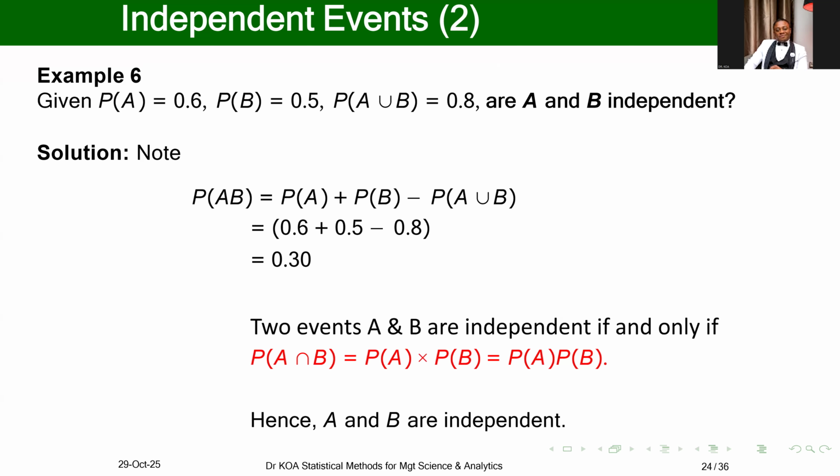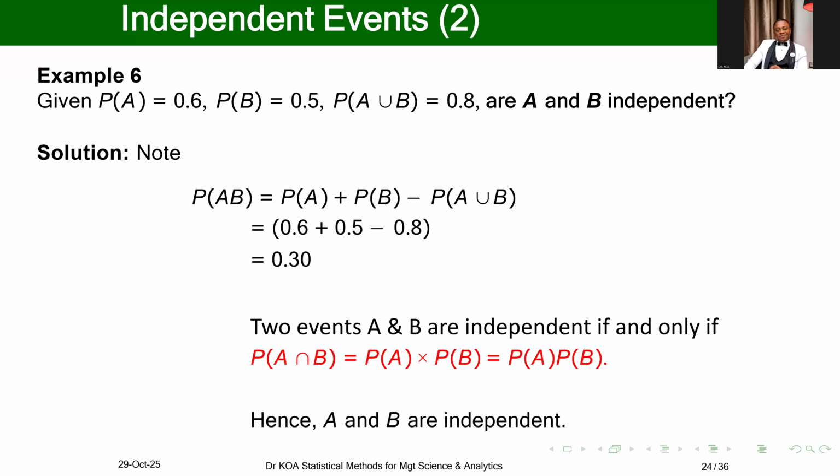Yes, we know that. But if A and B are independent, then the probability of AB is probability of A times probability of B. That's how I say it depends on the situation. But note that we can write probability of AB as probability of A intersection B. That's the joint probability of the event A and the event B. That's all we know.